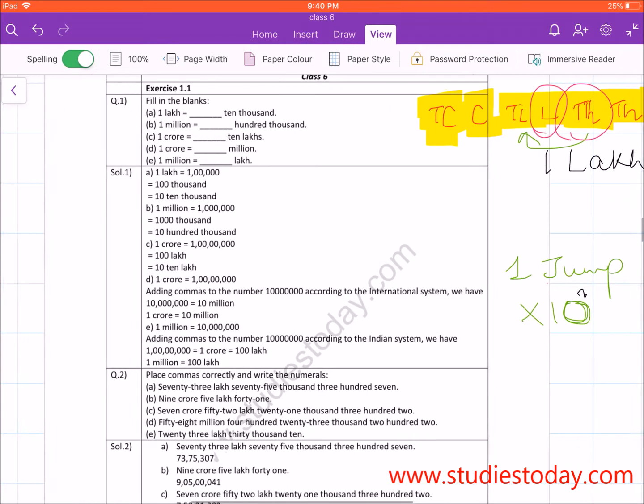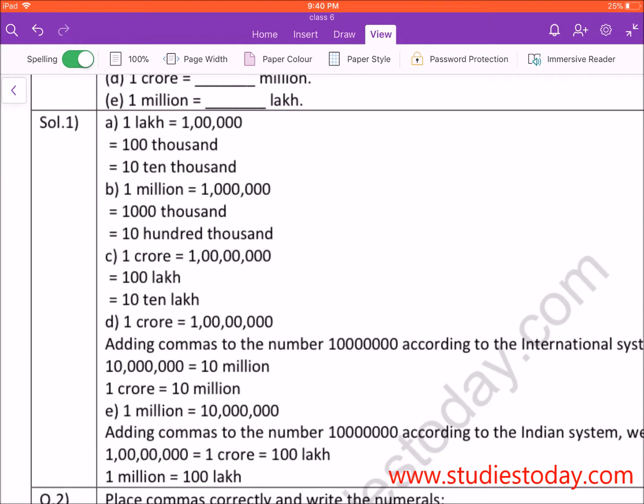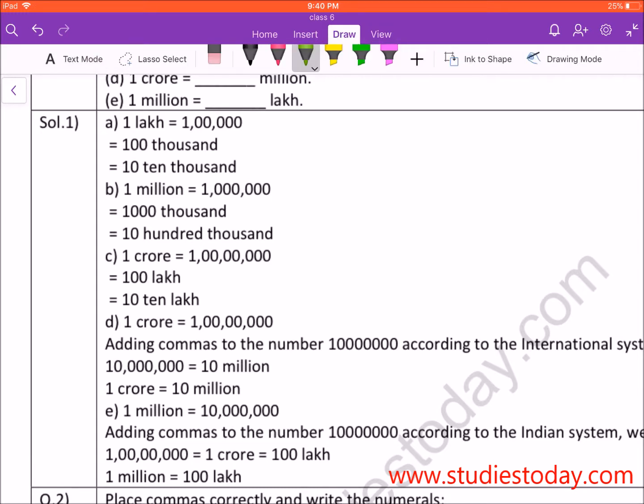That means, if we come to this concept, 1 lakh has how many zeros? It has 5 zeros, and if I want to break 1 lakh into the multiplication of 1000, then I can write it as 1000 into, I will leave 3 zeros, so I am left with 100.